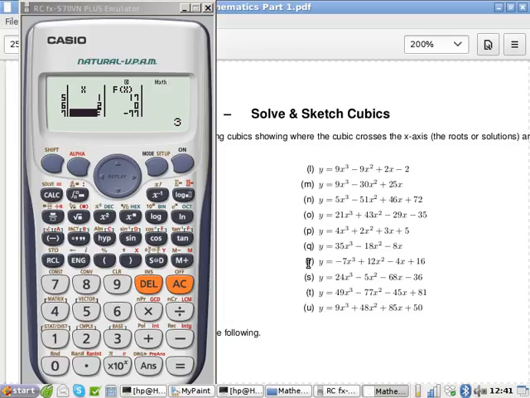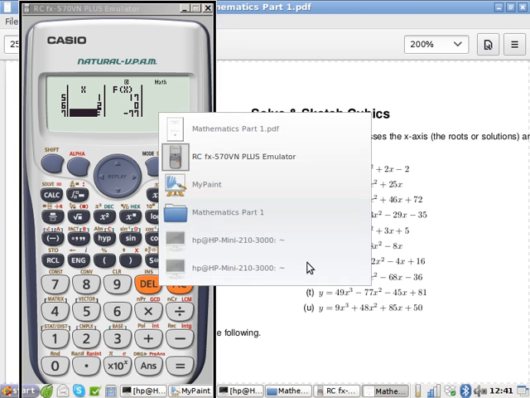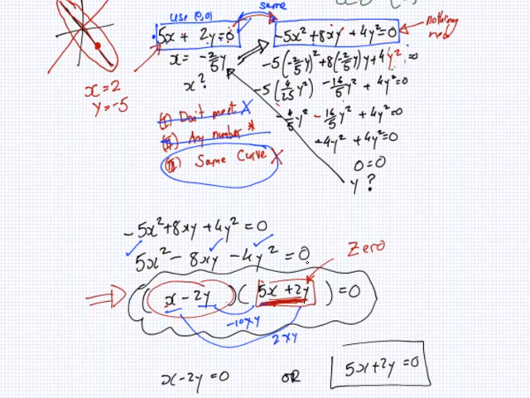Okay. So, get the 2 and then the other 2 are imaginary numbers. See, if you use the calculator too much, you forget what you're doing.